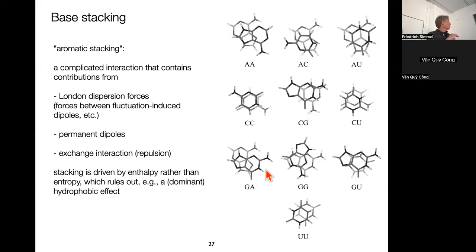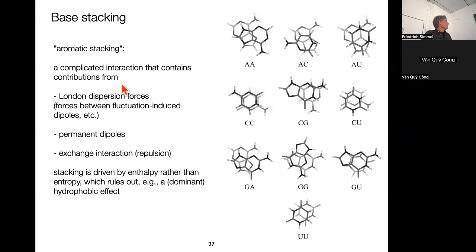This can maybe be explained in that the carbon at the corner has some partial charge, and the pi system that consists of the electrons will interact with that somehow. That's at least one contribution to this type of stacking, but probably all of these things play a role.